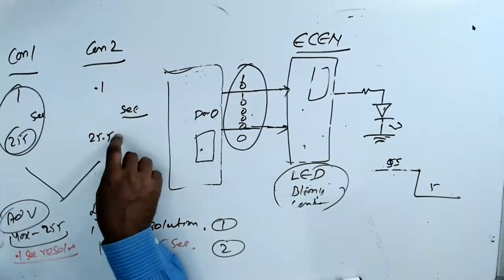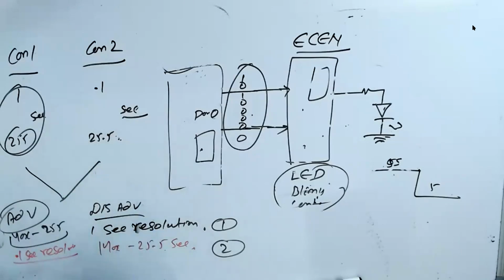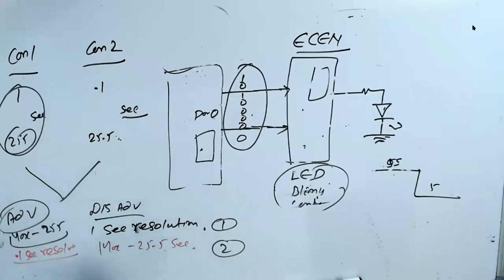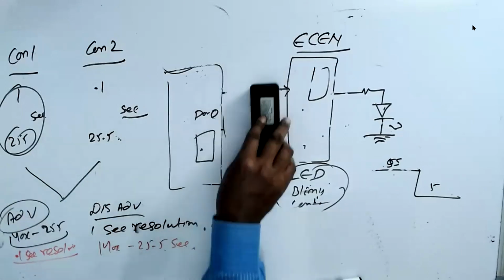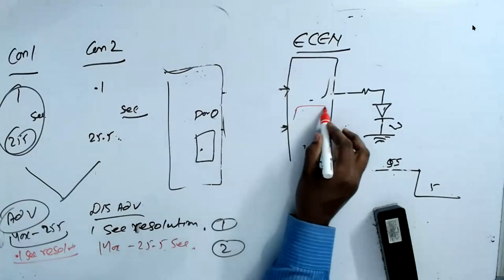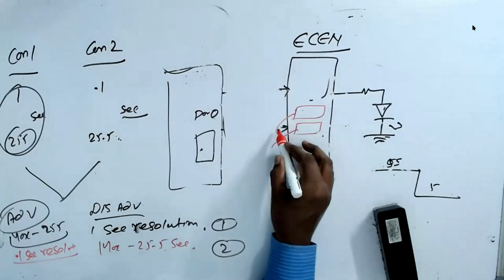Now, let us assume that I want to have a 0.1 second resolution, and also I want more than 25.5 seconds. I want about 400. Then you have to buy another controller. That controller has 2 registers, 8-bit, that is a 16-bit.